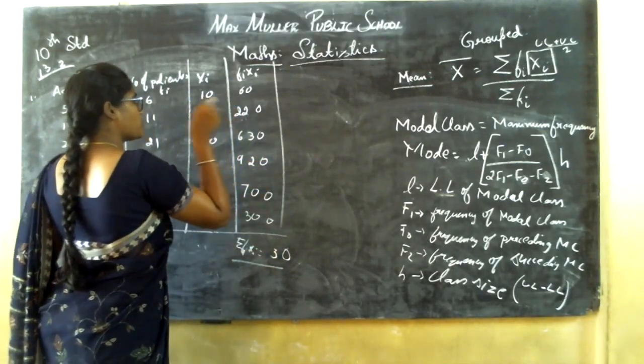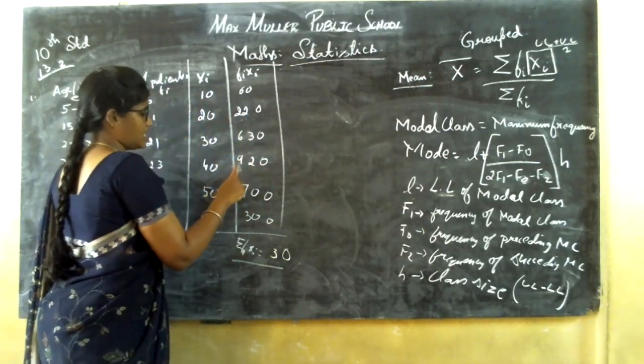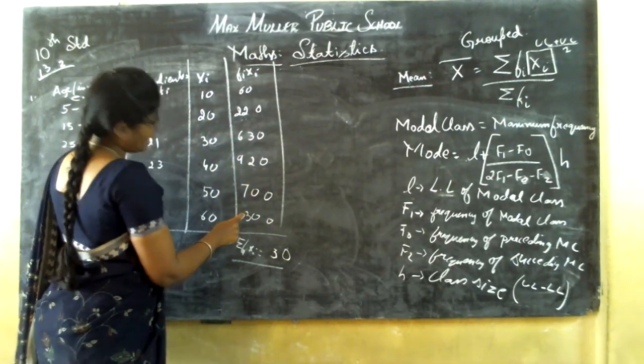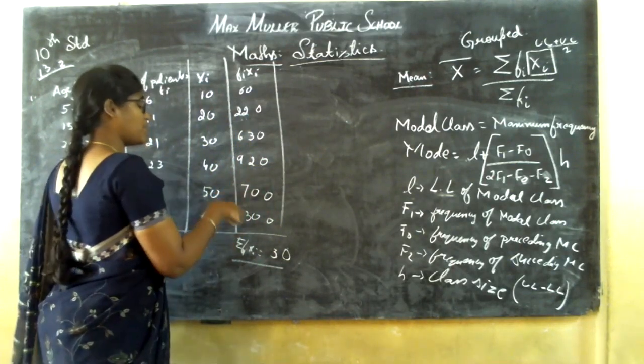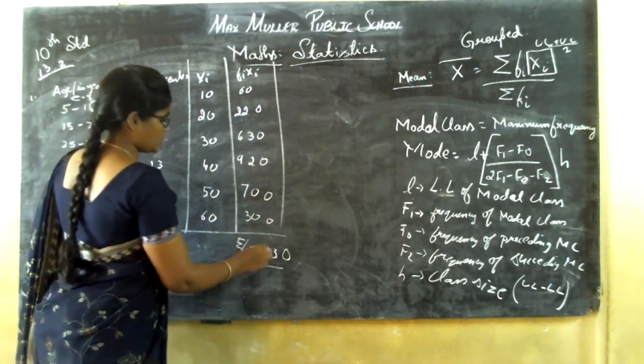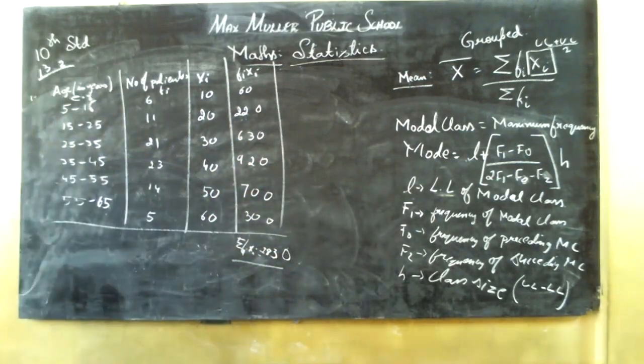So 1 plus 2 is 3. 3 plus 6 is 9. 9 plus 9 is 18. 18 plus 2 is 20 plus 5 is 25. Then 25 plus 3 is 28. So what you get? 2830 is the summation of Fi and Xi.